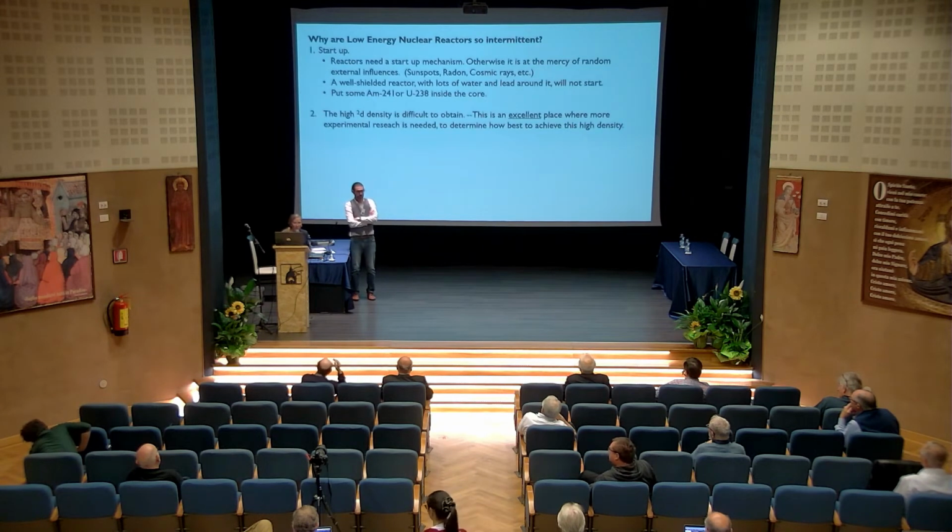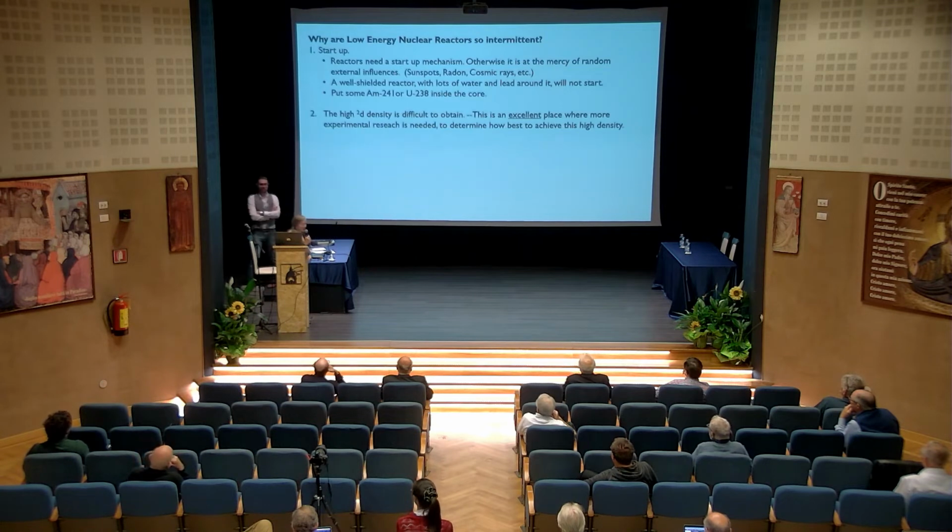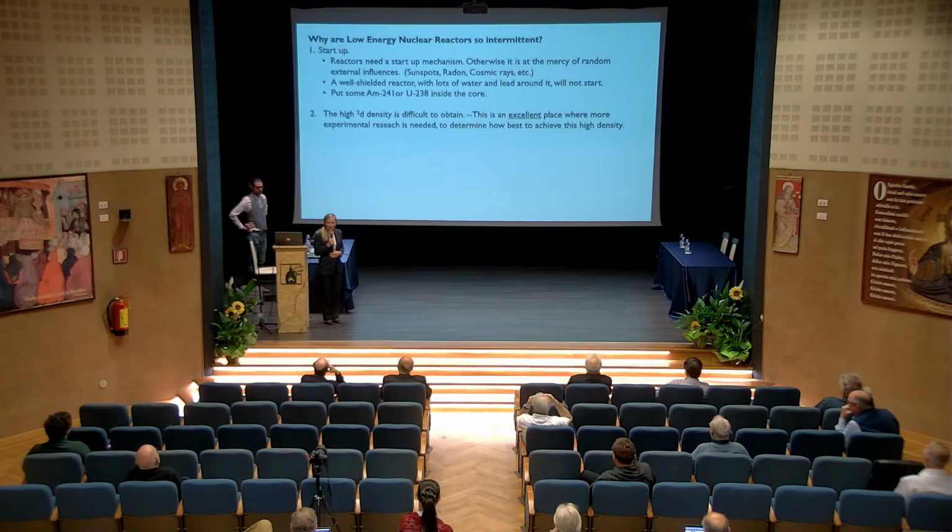Why are low energy nuclear reactors so intermittent? My second bullet point there is the high density of deuterium is difficult to obtain, and this is an excellent place where more experimental research is needed to determine how best to achieve this high density. Now, I didn't expect any of you to be able to look at those equations that I put up there. I put them up there so you could see that they do exist, and I'm actually using mathematical equations.